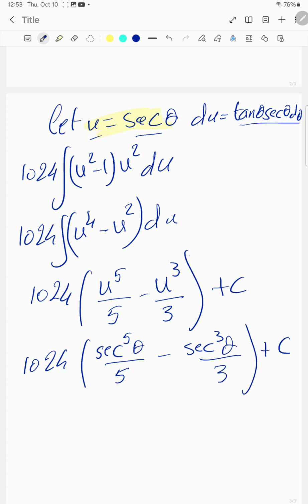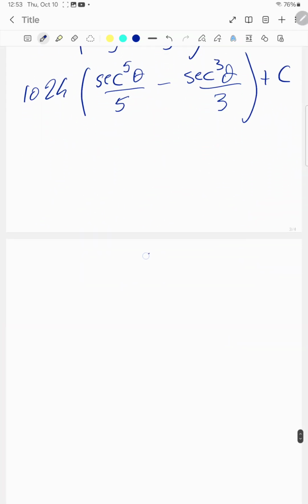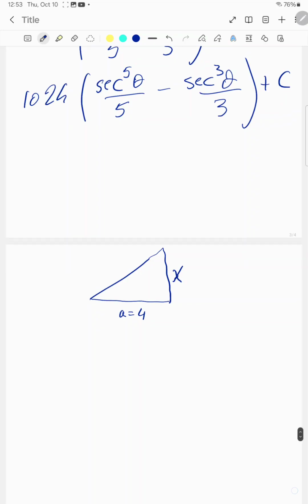Now I will draw my famous triangle, and in my triangle this is my a, which is equal to 4 in that case, and this is my x here, and here it is square root of a squared plus x squared, which is 16 plus x squared. And I know sec theta is equal to 1 divided by cos theta.